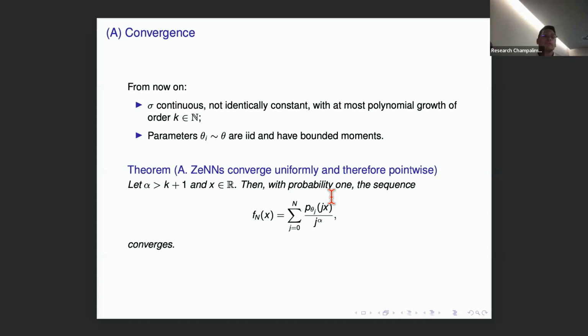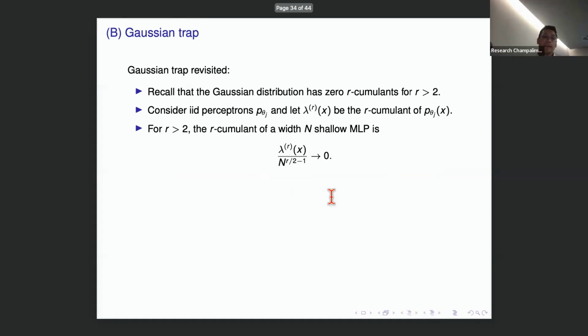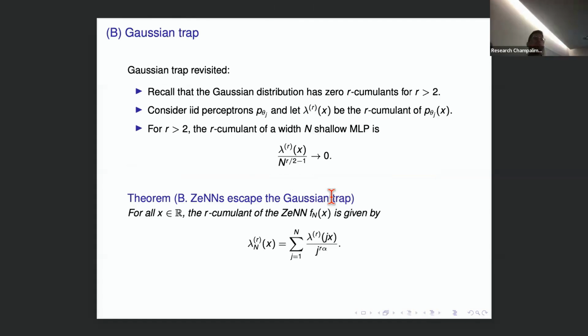It gives a well-defined function. The second one is that it avoids the Gaussian trap. This means that you can play around with the distribution at initialization to obtain different distributions that you are going to generate at initialization for the network.